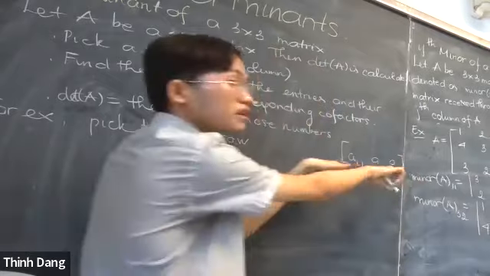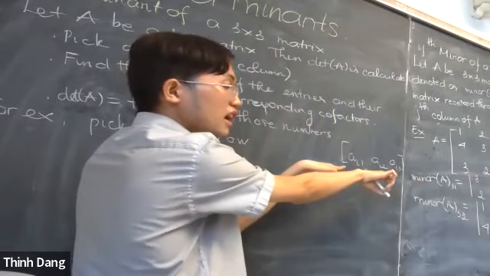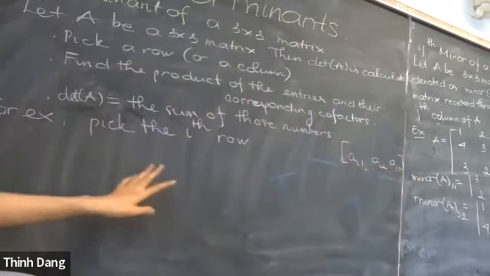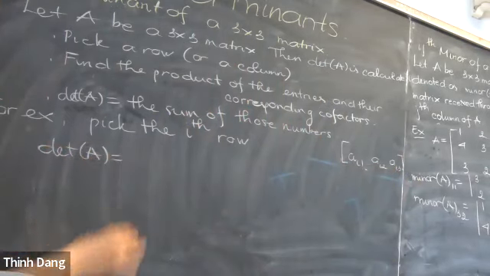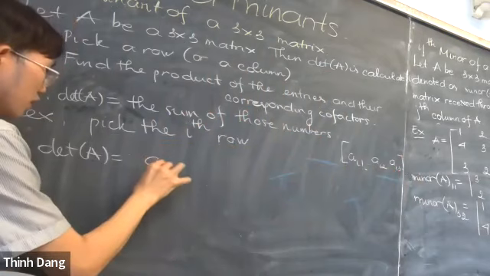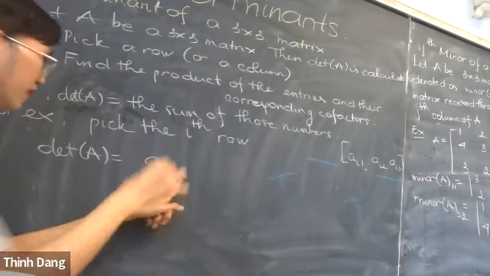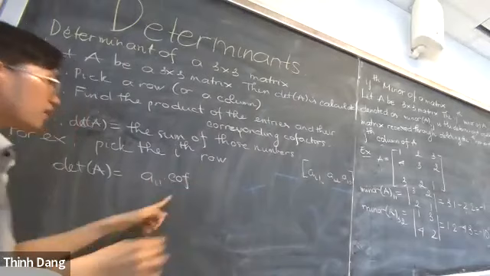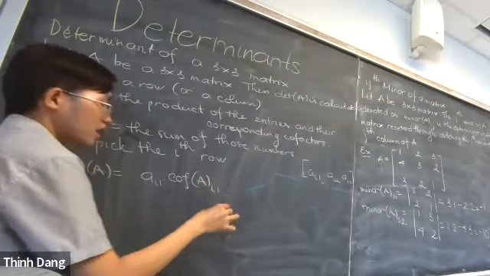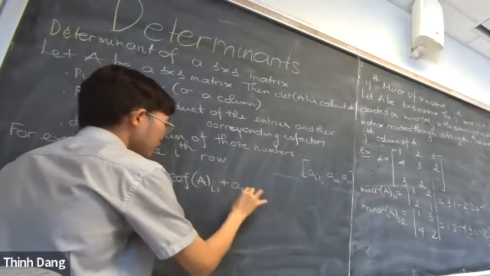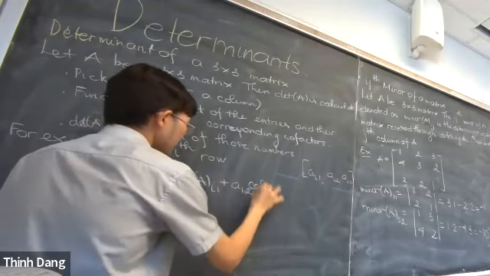This is the i row of the 3x3 matrix. In this case, the determinant of A should be equal to, first, I'm going to take Ai1 and multiply it with its corresponding cofactor, which is cofactor A i1. The same thing happens for the remaining two entries.